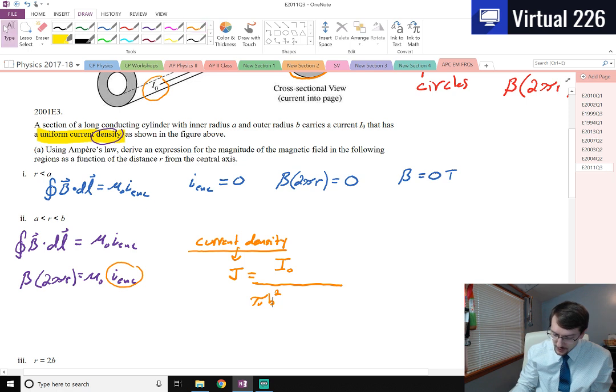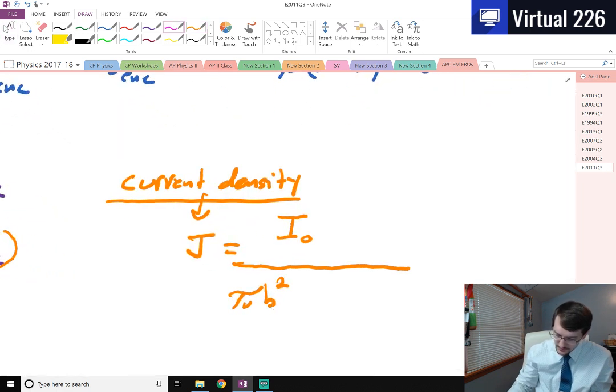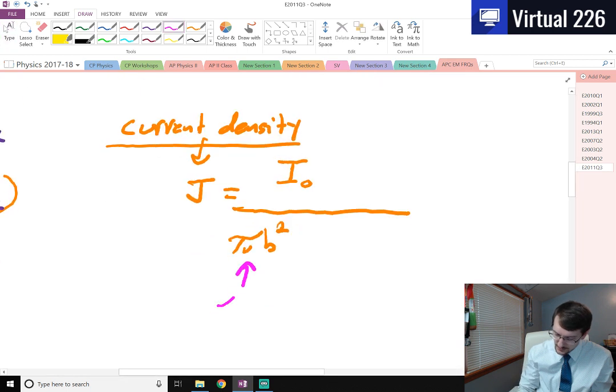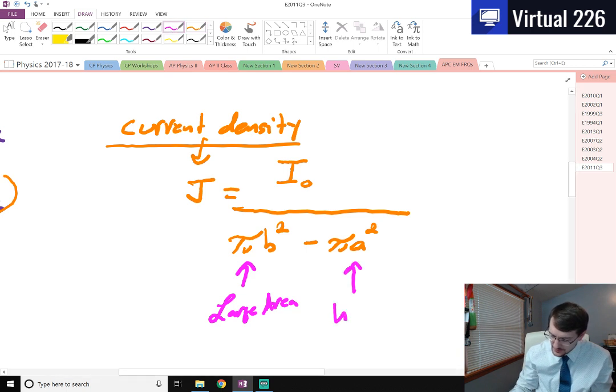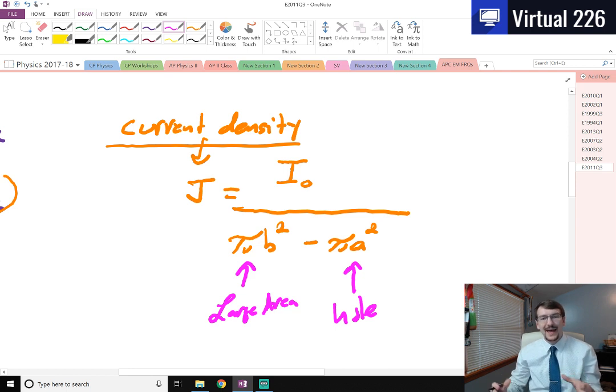That is the large area. And then I'm going to subtract from that pi a squared, because this right here is the hole we're cutting out. That is our current density, and we did that as a function of cross-sectional area.